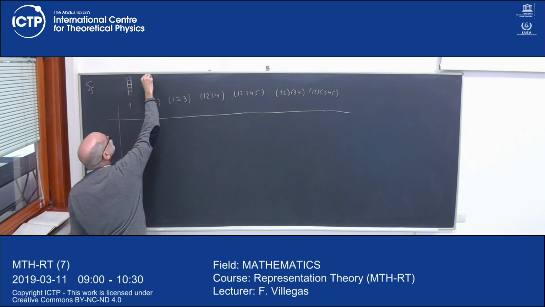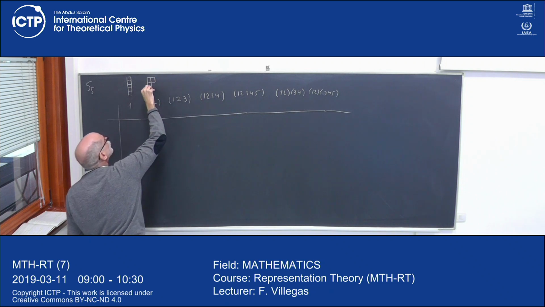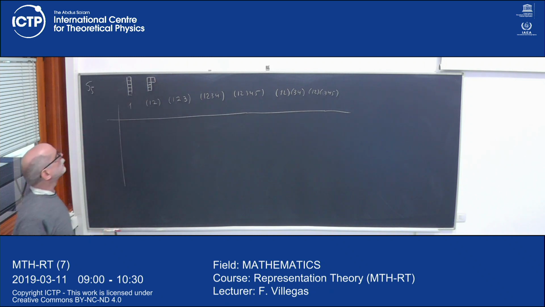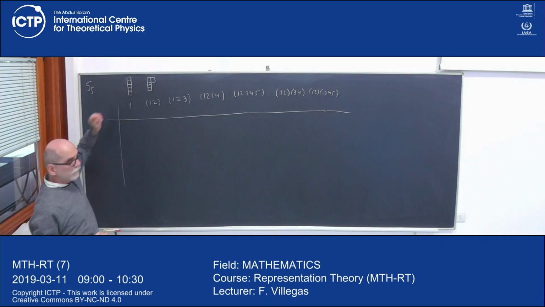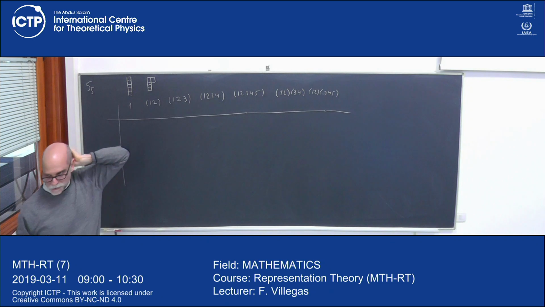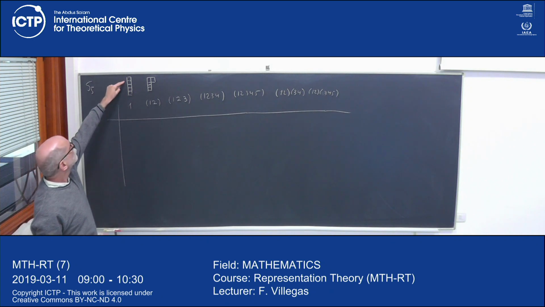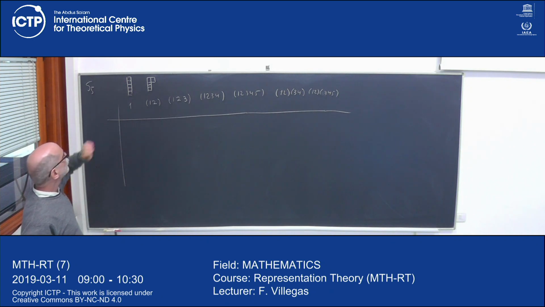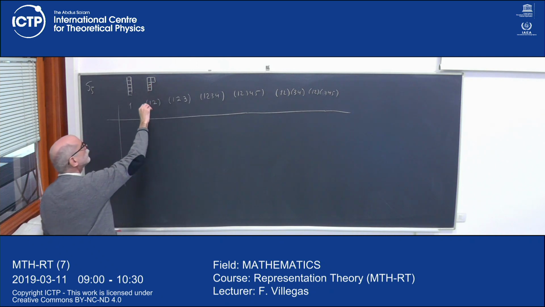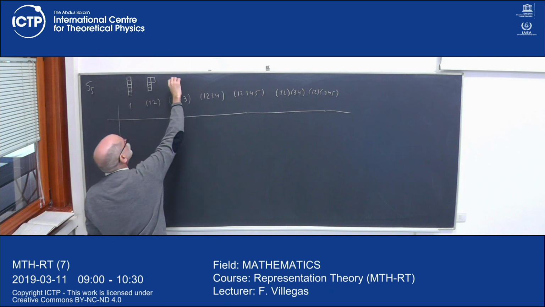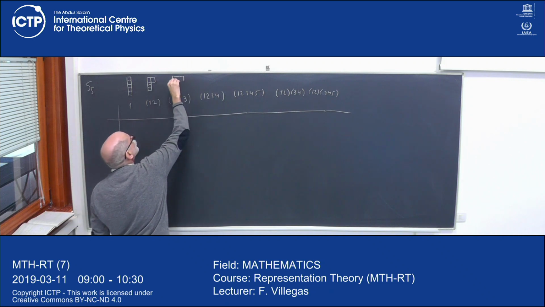I'll just use this notation to illustrate. So this means that there are 5 times the number 1. So it's 1 plus 1 plus 1, 5 times. This is 2 plus 1 plus 1, and you can see how this is indexing the cycles.